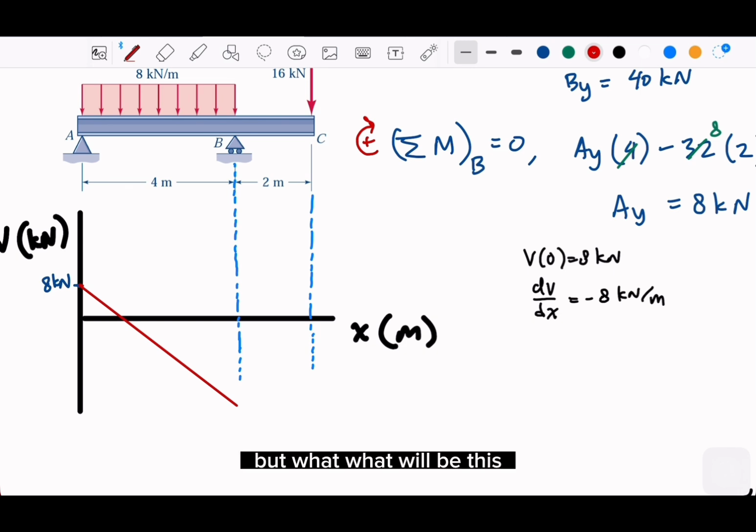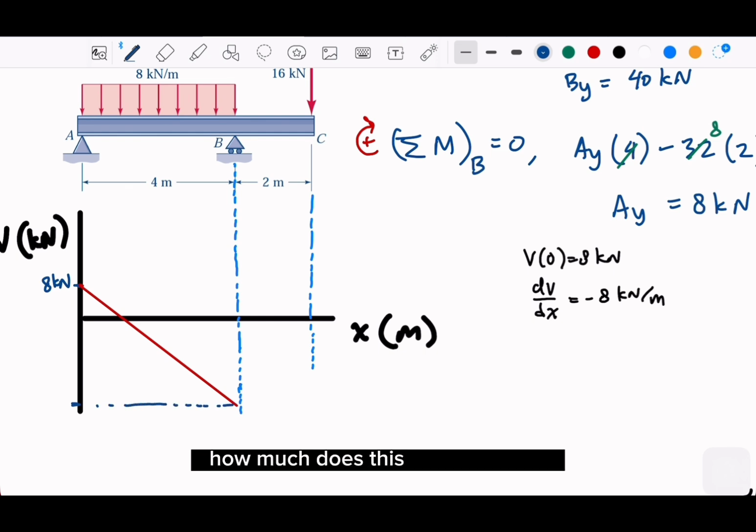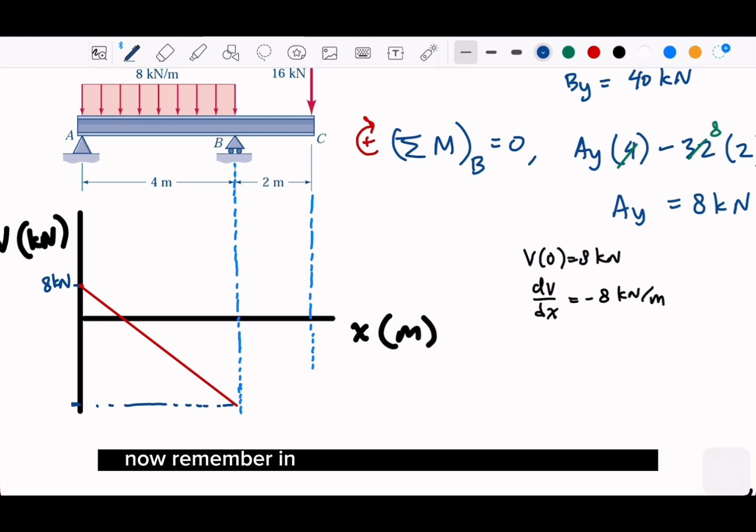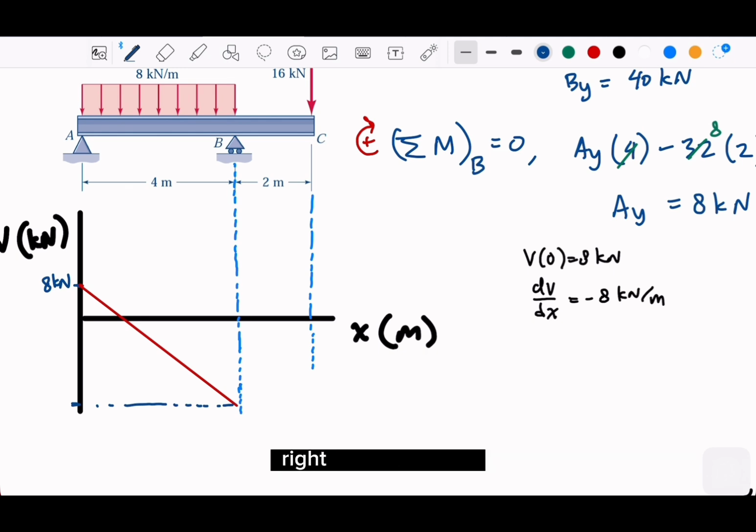But what will be this value for B? How much does this go down? Now remember, in B we have positive 40 kilonewton. So we have 8 at the beginning, and it goes down with the slope of 8, right?